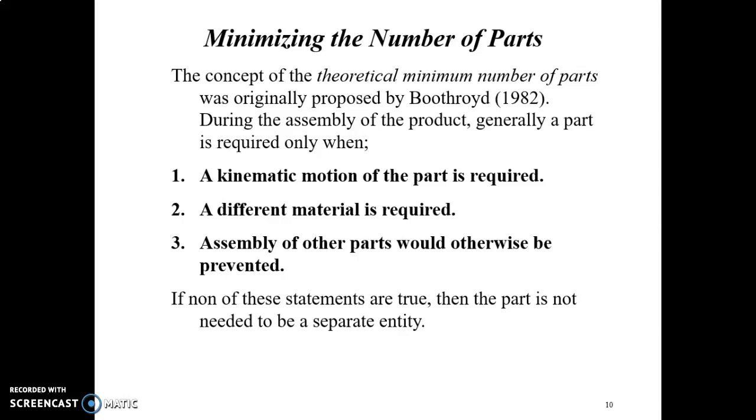So if none of these statements are true, then the parts do not need to be separate entities and may be combined. So use the KISS principle, KISS, which is keep it simple, stupid.